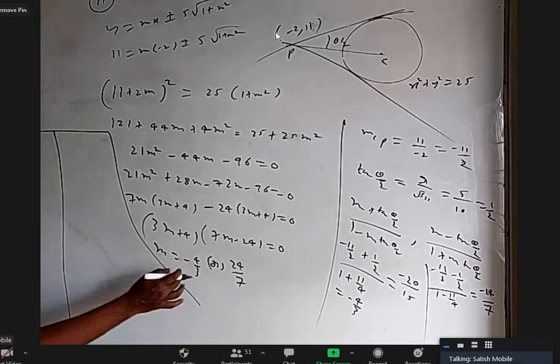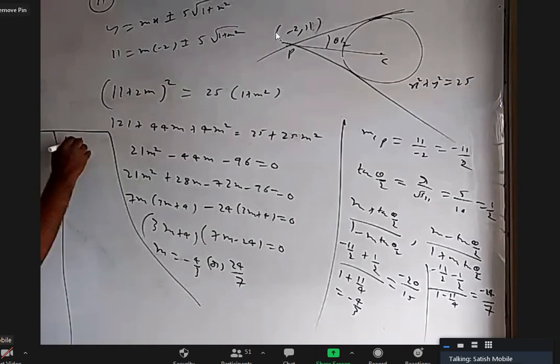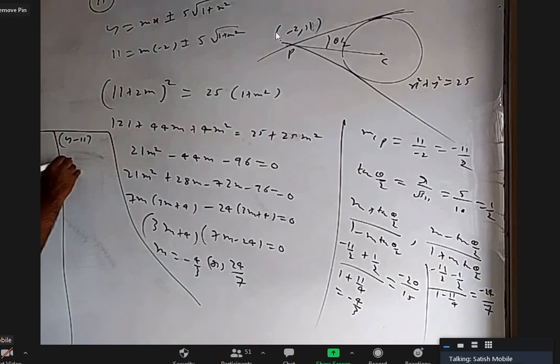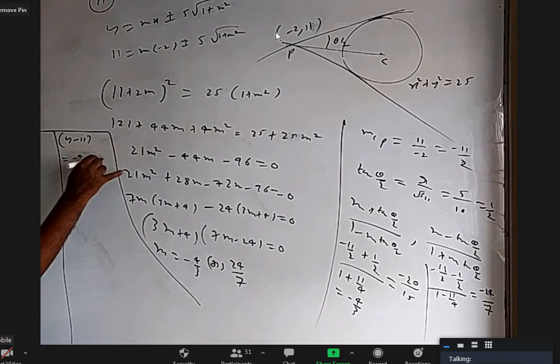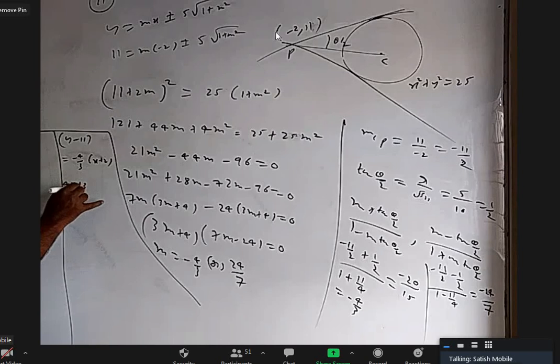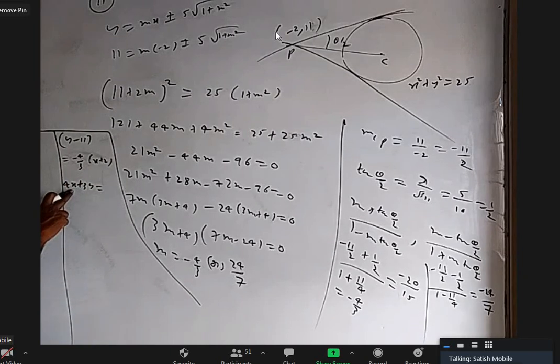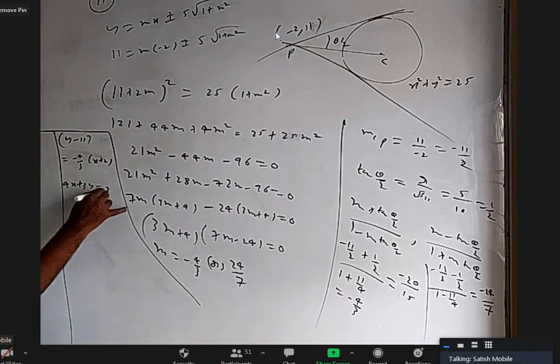If I take minus 4 by 3, it will be y minus 11 equal to minus 4 by 3 into x plus 2. That will be 4x plus 3y minus 8 and 33, 25.